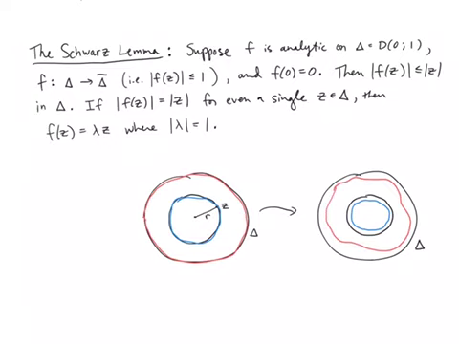Basically what the Schwarz Lemma says is that with these hypotheses, so just mapping the disk to itself and fixing 0, every sub-disk that's centered around 0 has to also be mapped into itself. So you can't have these sub-disks.